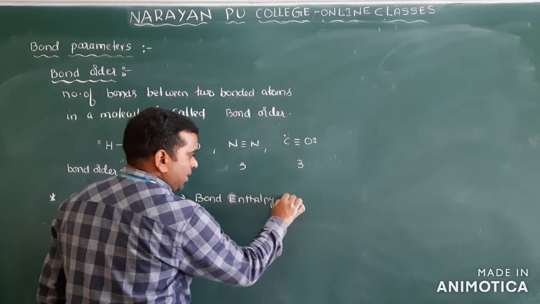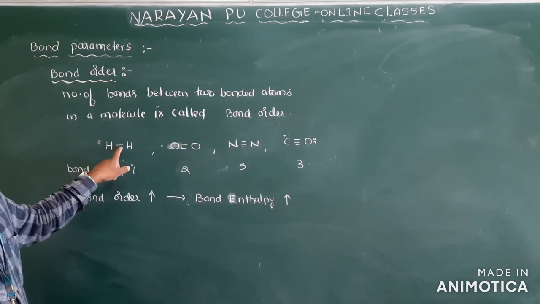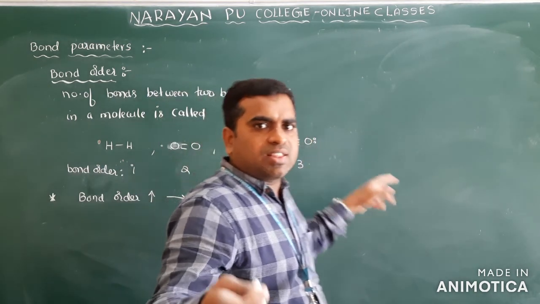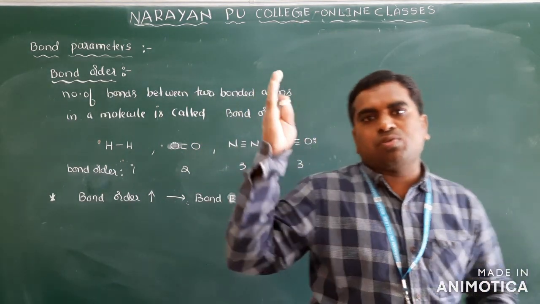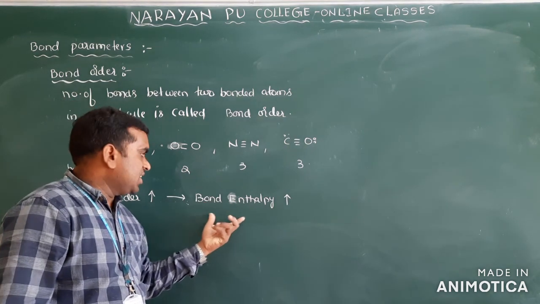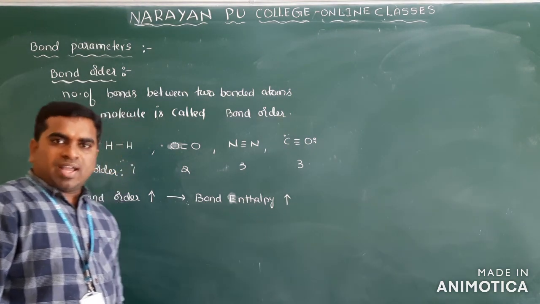Bond enthalpy increases because breaking one bond and breaking 3 bonds are different. To break the 3 bonds, you have to supply a lot of energy. That energy is called the bond dissociation energy, bond energy, or bond enthalpy.